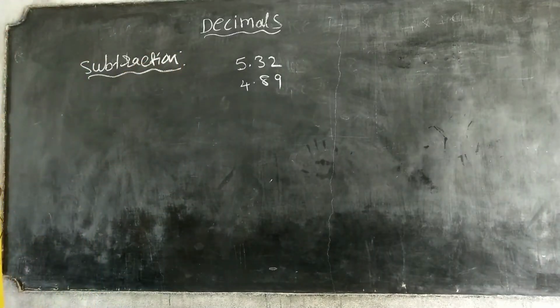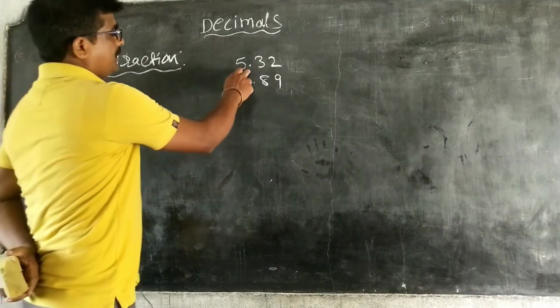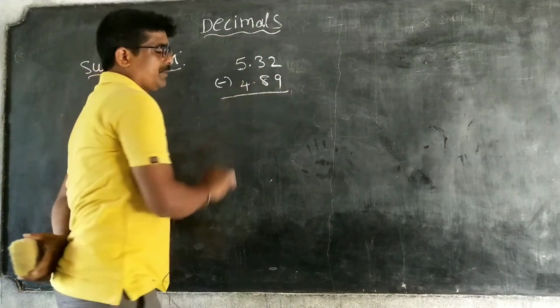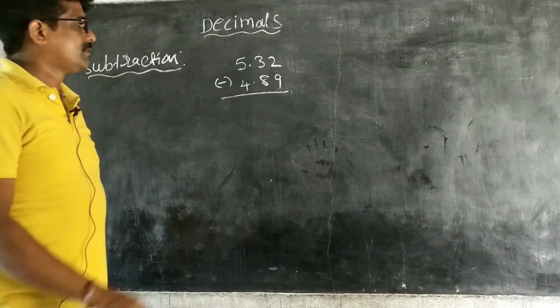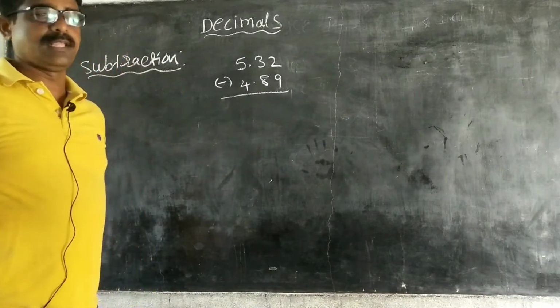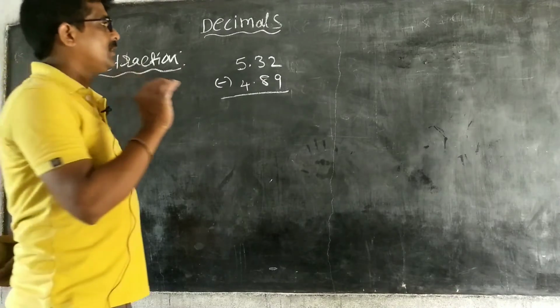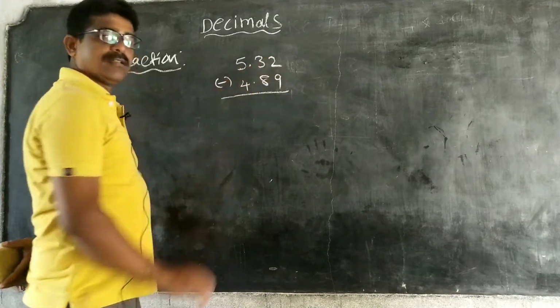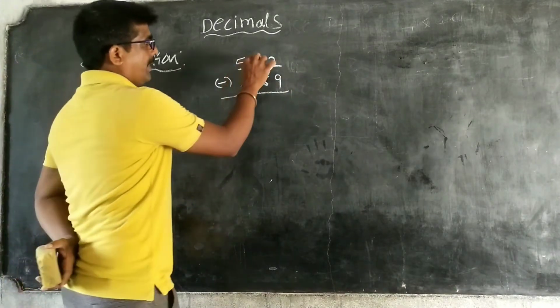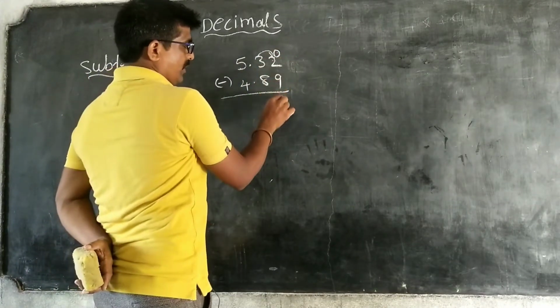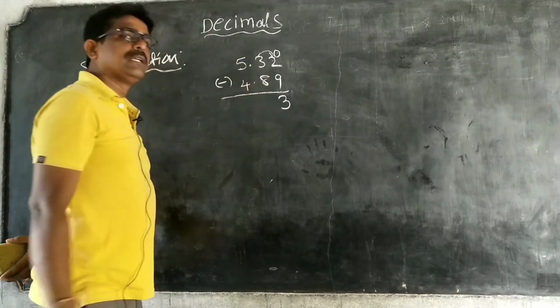Decimal subtractions. So 5.32 minus 4.89, how do we do the subtraction? Same as regular subtraction, just whenever you have the point, at that time only keep the point. So 2 minus 9, is it not possible? Borrow from 10, 3, 12. 10 plus 2, 12. 12 minus 9, that is equal to 3.